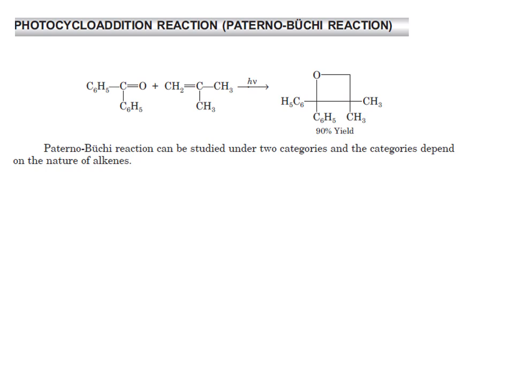For example, here we can see benzophenone with isobutene. So this benzophenone with isobutene can react to give a high yield of oxetane, and the yield of this product is 90%. So this Paternò reaction can be studied under two categories, and these categories depend on the nature of the alkene.